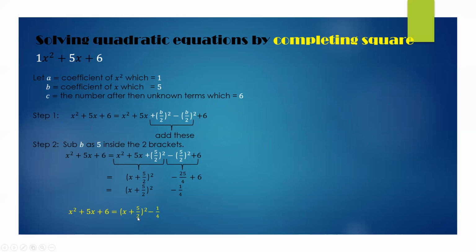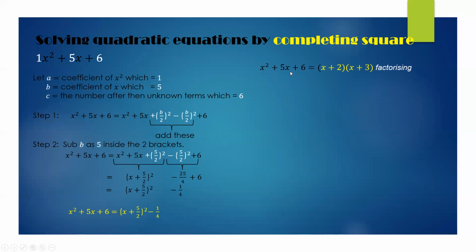You can see the completing square format always starts with x and a number, then power 2, then with a number at the back, either plus or minus, it doesn't matter. So next time when you see this kind of format, you know this is actually a completing square process.